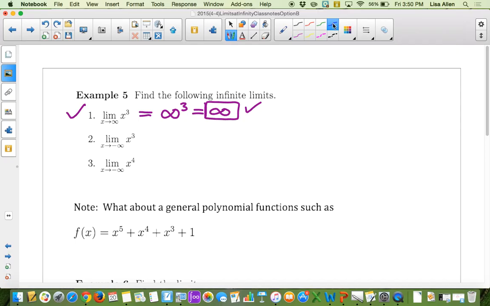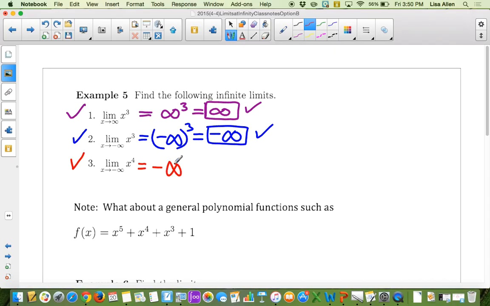If we have the limit as x approaches negative infinity of x cubed, then that would be negative infinity cubed, which would be negative infinity. 3 negative factors, still negative. Then if we have the limit as x approaches negative infinity of x to the 4th, we get negative infinity to the 4th power. We know 4 negative factors would give us then a positive infinity.